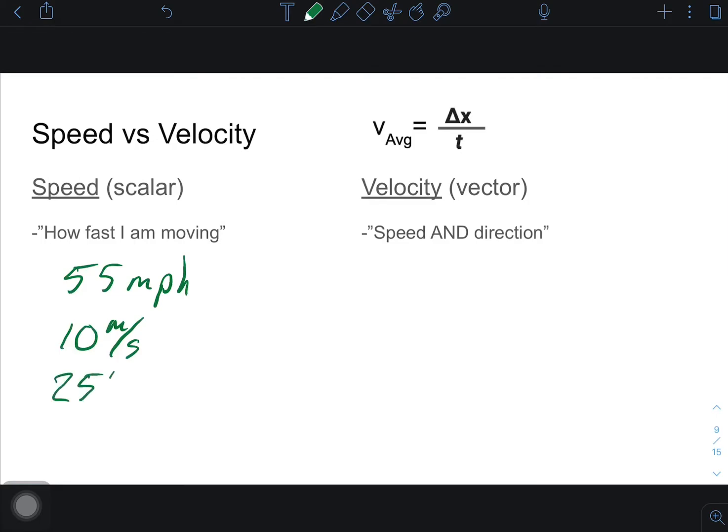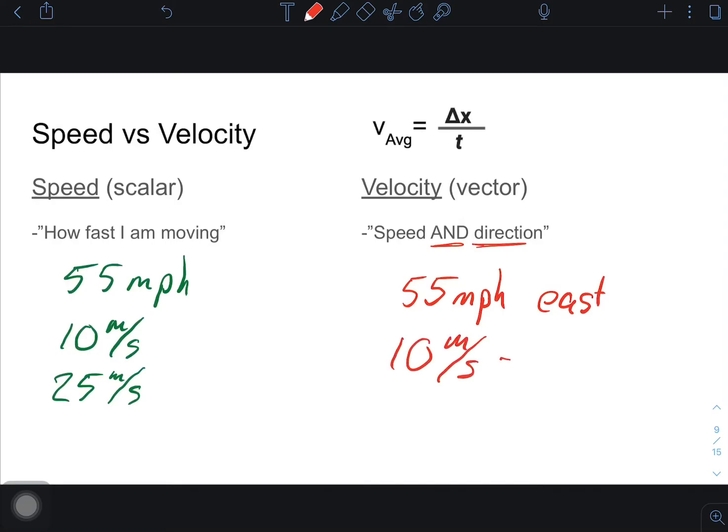We could say 25 meters per second. But now when we talk about velocity, velocity is speed and the direction. So now we need things like 55 miles per hour east, or I need 10 meters per second to the right, or I need 25 meters per second down. We need a direction associated with it.